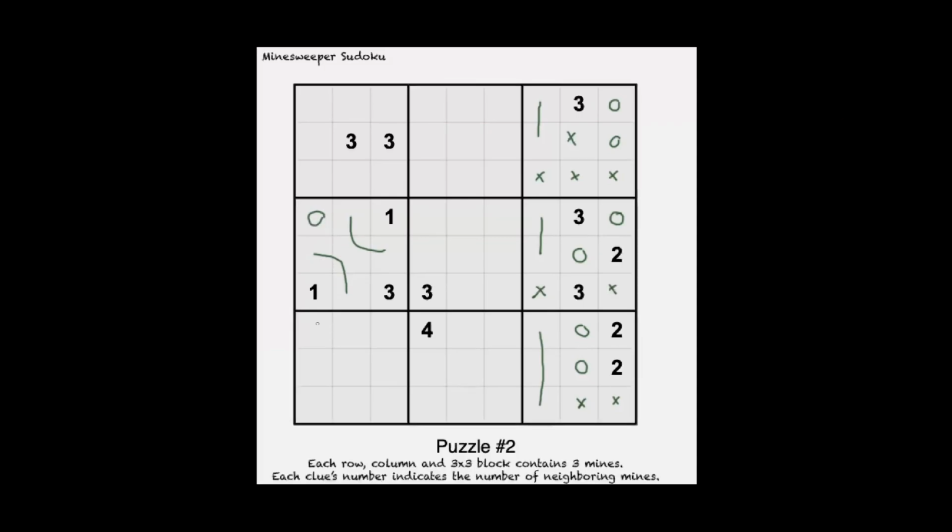Because a mine is forced here, we can rule out the cells that are neighboring the 1, and the cells that are neighboring this one, similarly, can't have a mine.